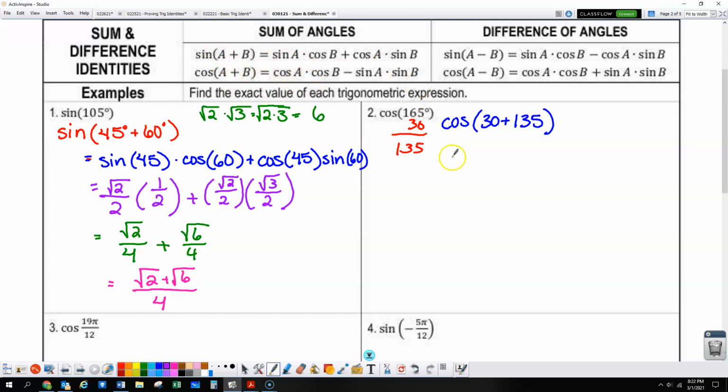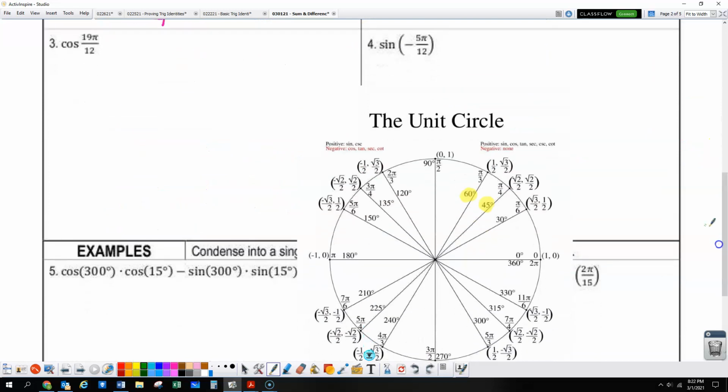So we're looking here. This would be cosine of 30 times cosine of 135 minus sine of 30 times sine of 135. And now we can just substitute these values in. Now, cosine of 30 is square root of 3 over 2.